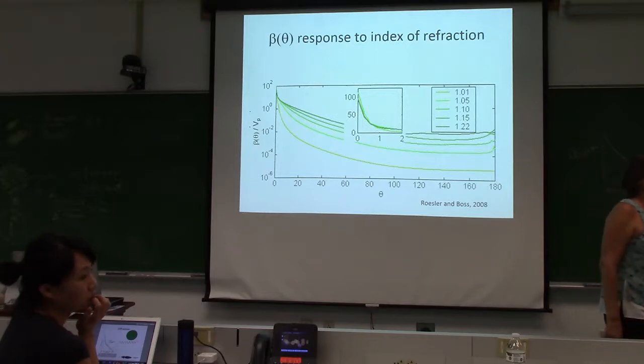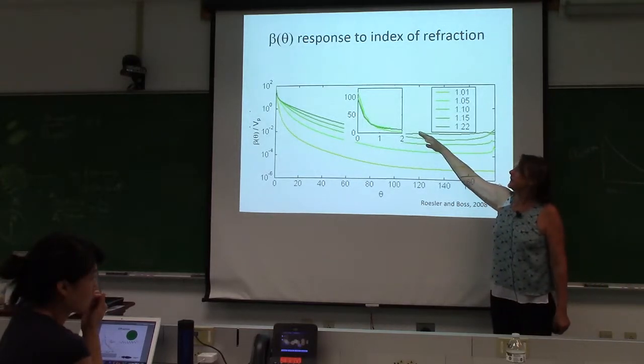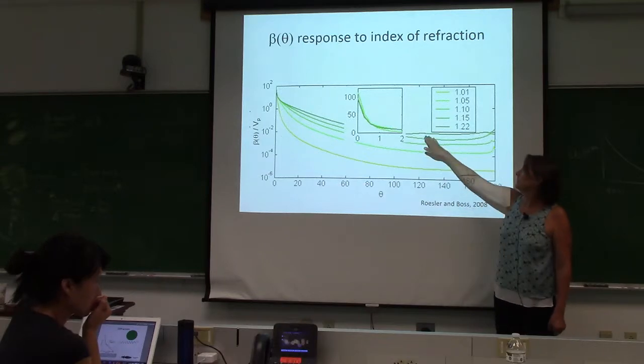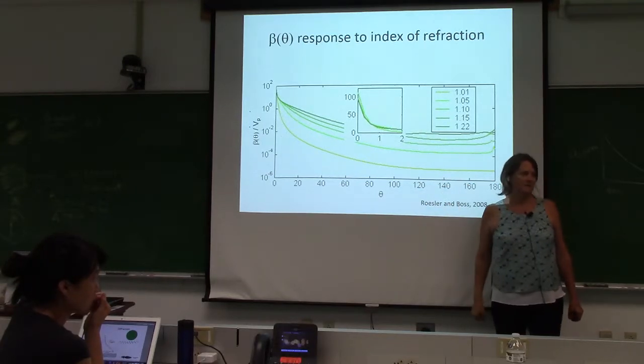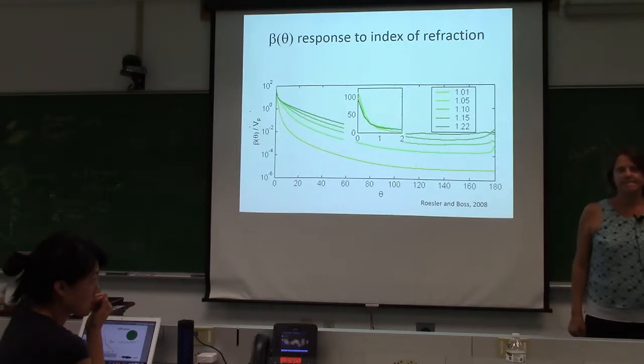Why do you have more scattering in total? Because for the total scattering, how do I calculate a scattering coefficient from the volume scattering function? You have to integrate under the curve.